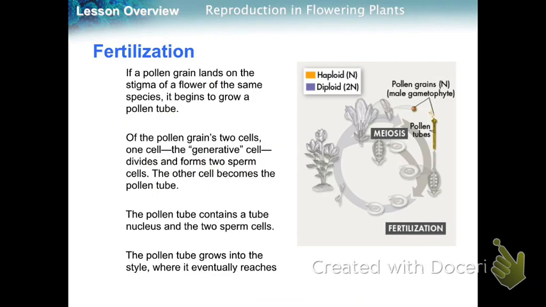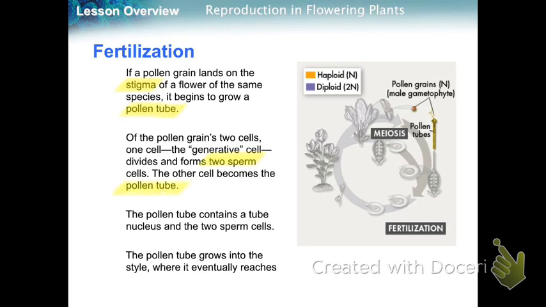So now after pollination, the fertilization event can happen. If a pollen grain lands on the stigma, remember the stigma is the sticky top of the pistil. If a pollen grain lands on the stigma, it will grow a pollen tube. One of the pollen grain's 2 cells divides and forms 2 sperm cells. The other cell becomes the pollen tube. So the generative cell forms 2 sperm cells.